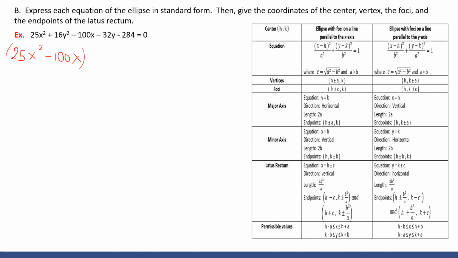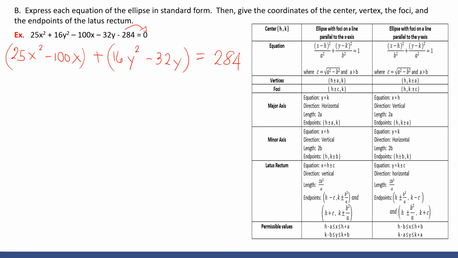So, consider natin ito as a single term or as one group. And then the other, plus 16y squared minus 32y, is one group. Equal to, transpose negative 284 to this side, kaya magiging equal to 284. Okay?